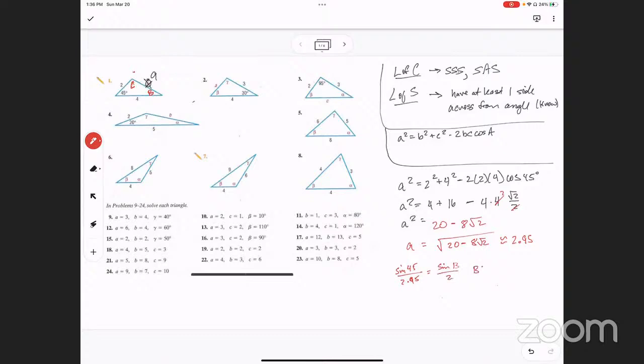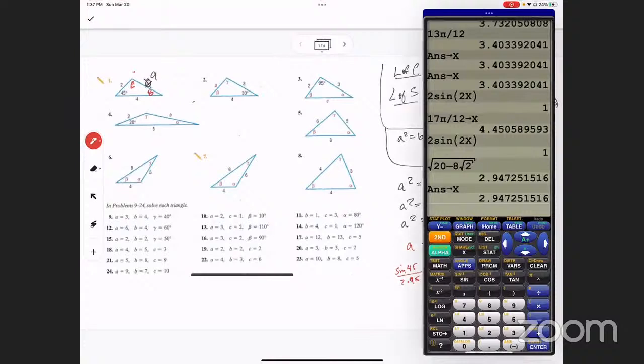So that means B equals the sine inverse of 2 times the sine of 45 all over 2.95. So I'm going to do the sine inverse of 2 sine 45 over x.